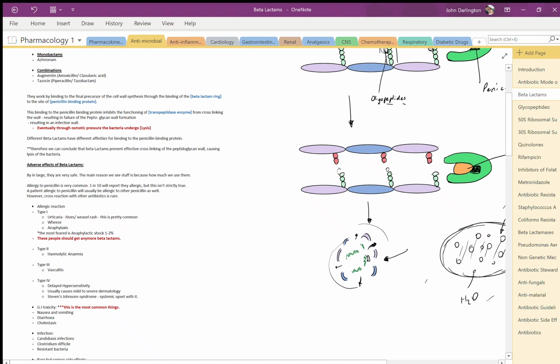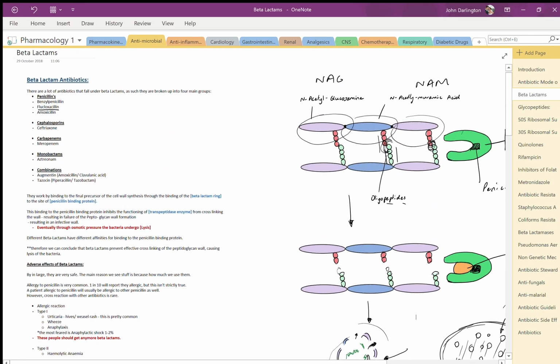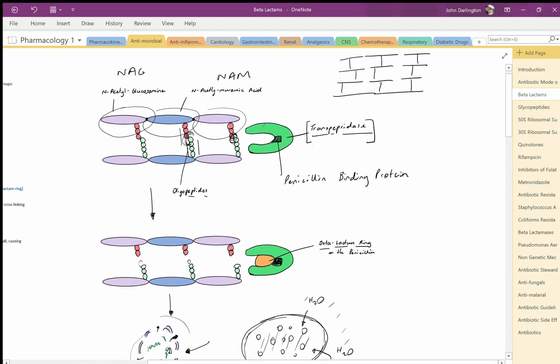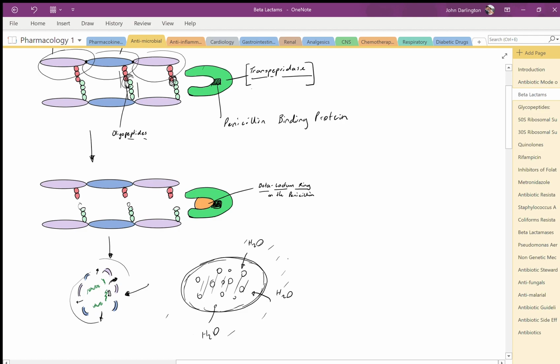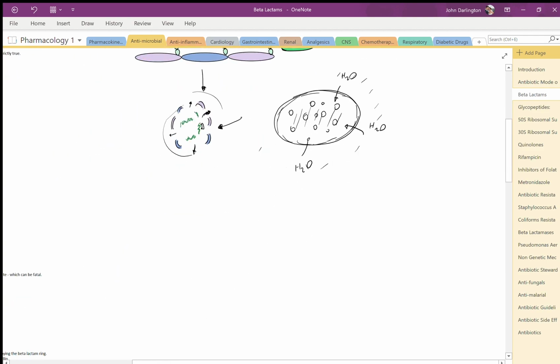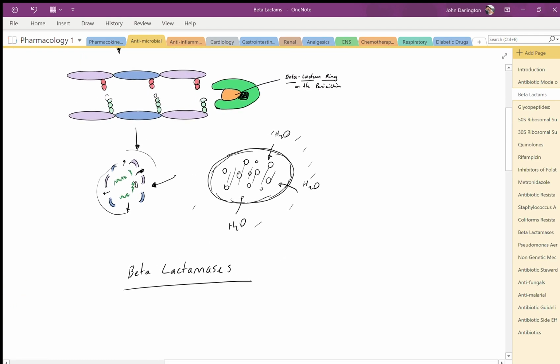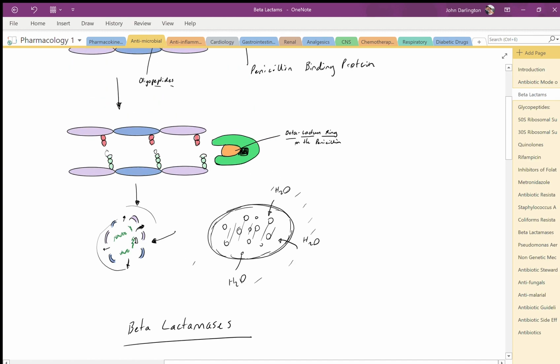So one of the other things that I mentioned about the beta-lactams is you get combination drugs. The reason you get combination drugs is because some bacteria have become quite clever and they produce stuff called beta-lactamases. These are other enzymes which can bind to the beta-lactam ring.